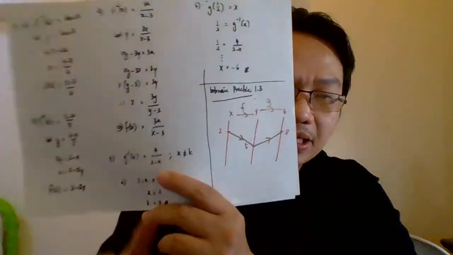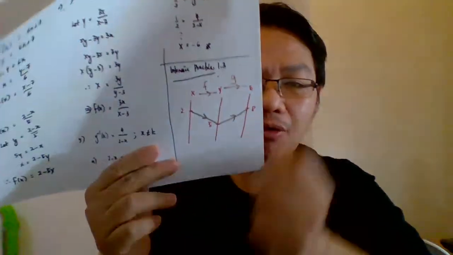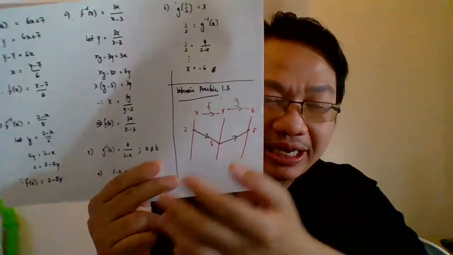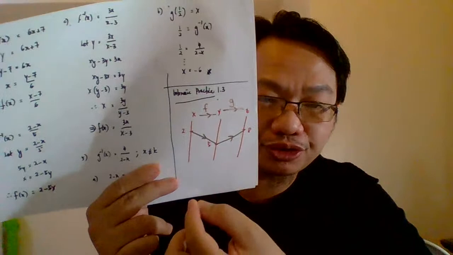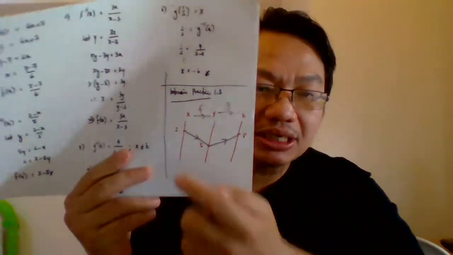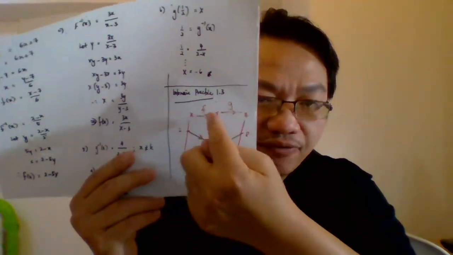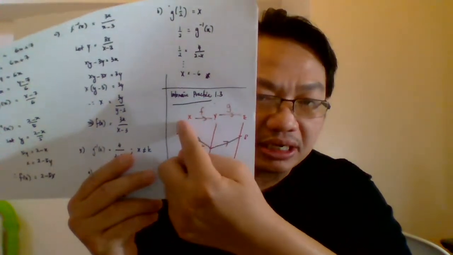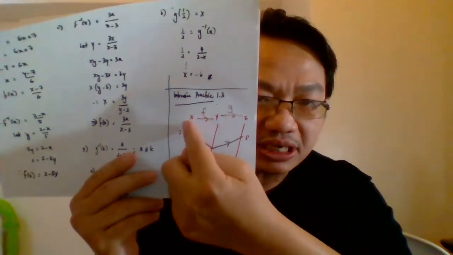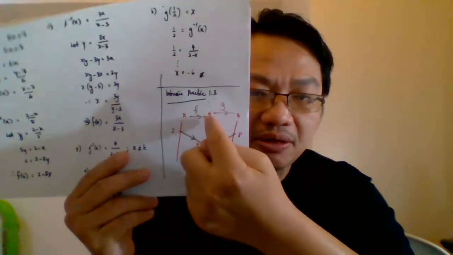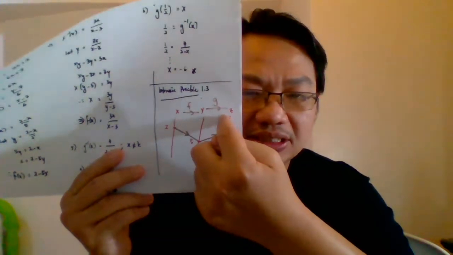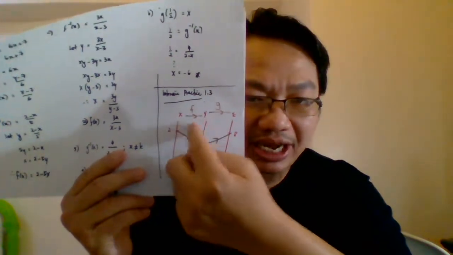Now guys, from the diagram we can make some conclusions here. This is the function f and this is the function g. What is given here? The function f maps x onto y, and the function g maps y onto z, that's why you see the arrows.